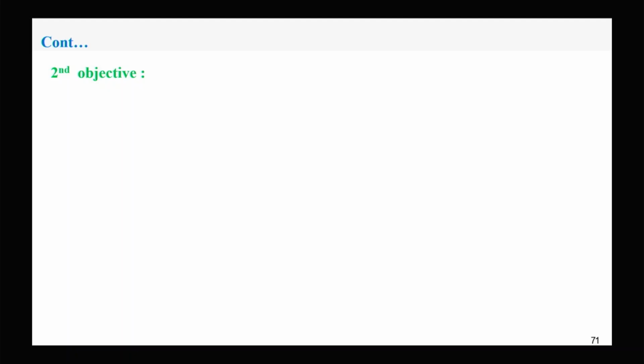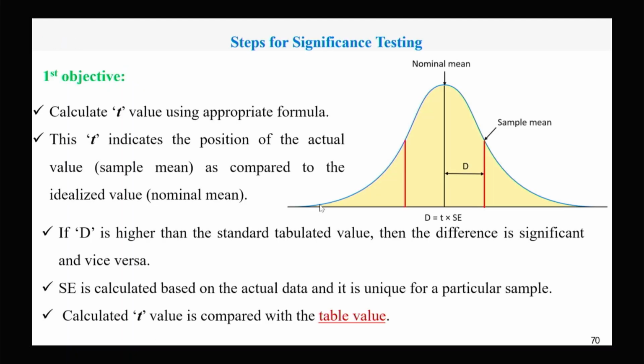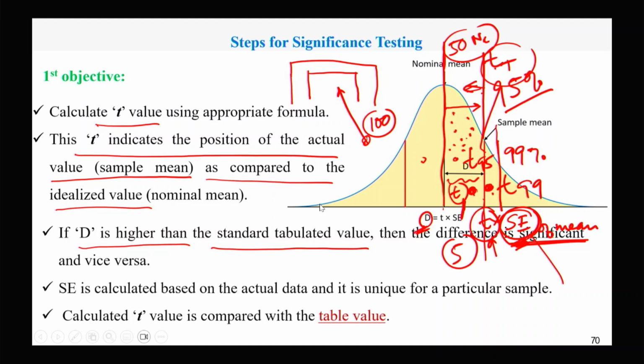So the first objective was that we want to be sure whether the difference is significant or not. If it is not significant, then we should not change our process, as it is not going to affect the final product. Like 50 any yarn, your target is 50 any, your buyer has set, I want the 50 any yarn.